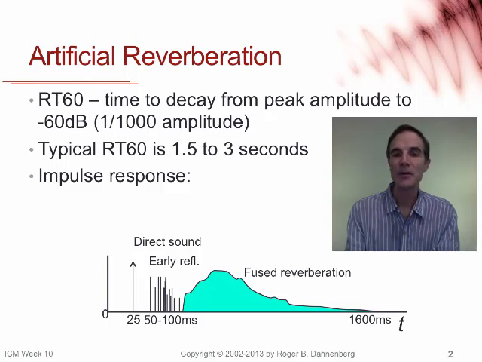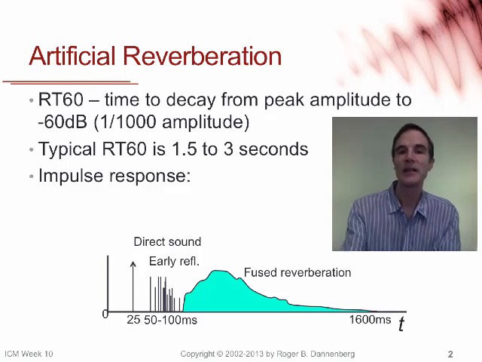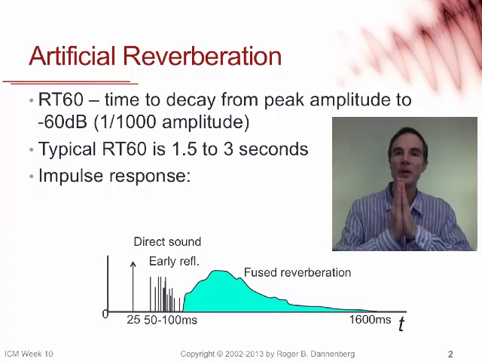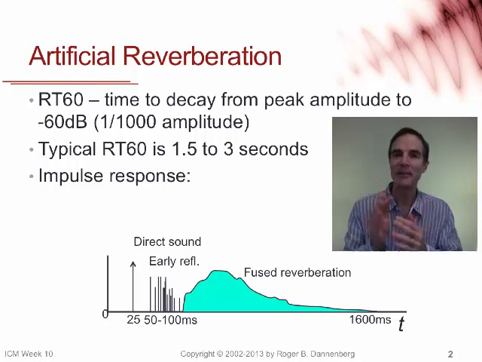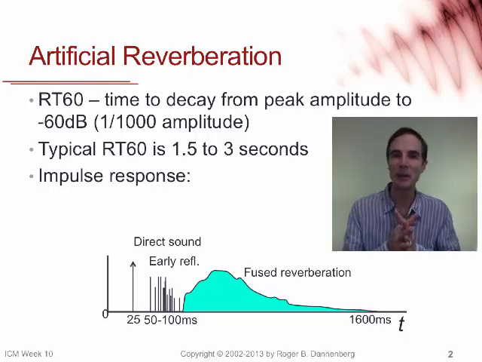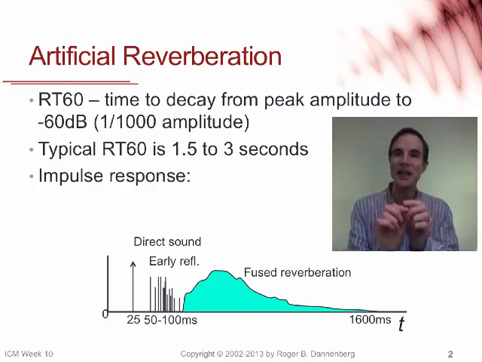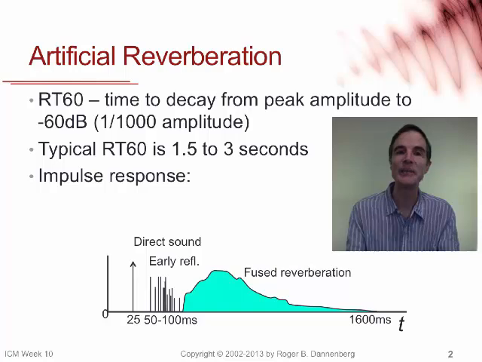The impulse response looks like this. Recall that impulse response is when you put an impulse into a filter. That it can be something like a clap or a gunshot or popping a balloon, something that puts out essentially an instantaneous pulse of energy.